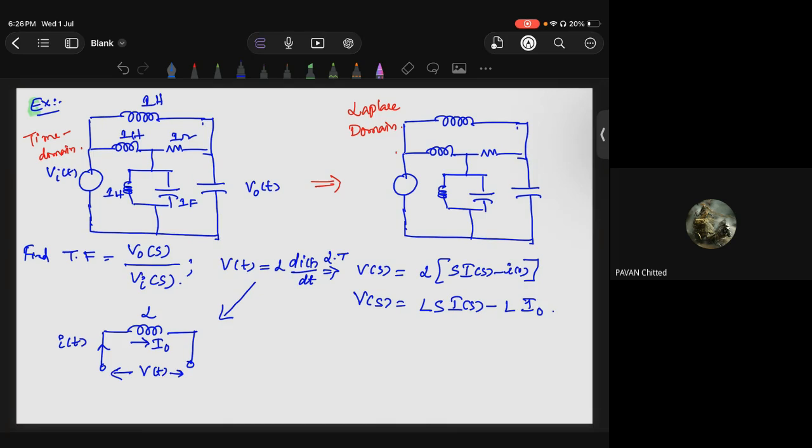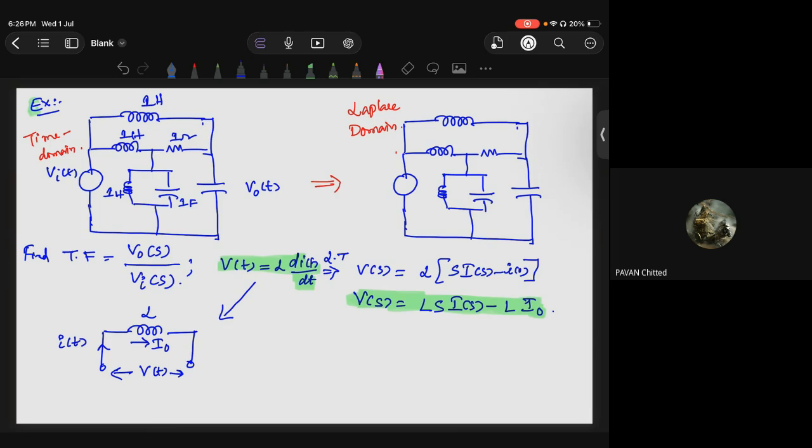This equation is applicable for this. Now you have two things: the time domain circuit, and this Laplace S domain equation. On the left side we have voltage, and the right side must also be voltage-equivalent terms only.